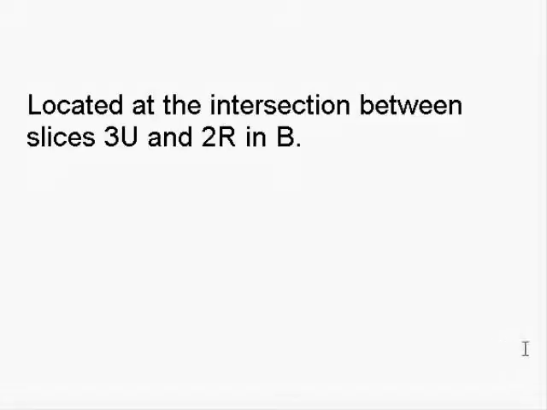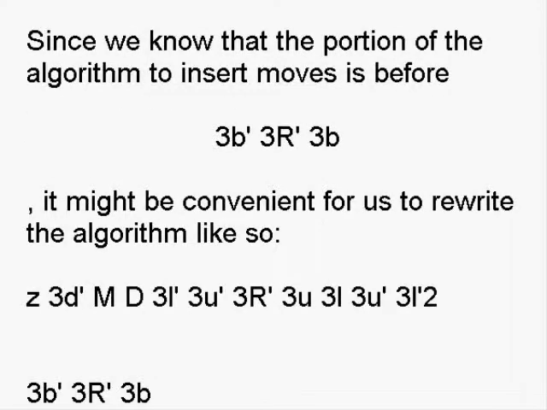So it's located at the intersection between slices 3U and 2R in B. Since we know that the portion of the algorithm to insert moves is before the following piece, and there are more pieces afterwards, of course, but this is actually the piece group that we're going to be focusing on, it might be convenient for us to rewrite the algorithm like so.